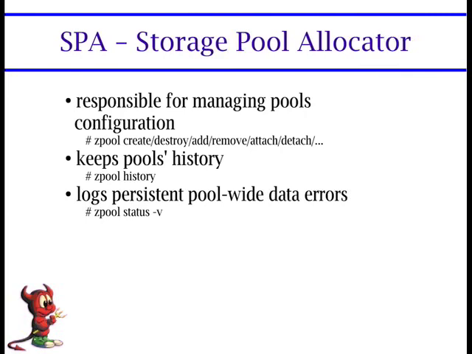So you can see what you did wrong if something happens. It can also show you all the errors it found. So you can see a list of corrupted files, for example, if you don't use a redundant configuration. So you know which files are not usable anymore.